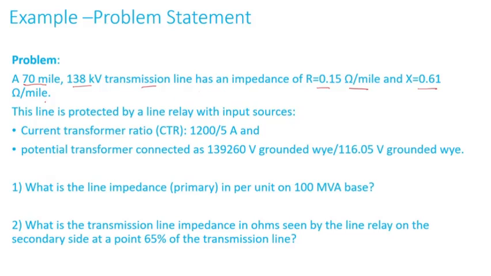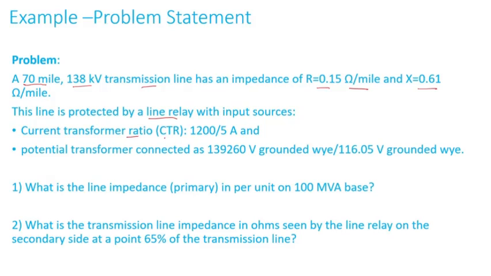ohms per mile. This line is protected by a line relay, which has input sources as follows. So you have current transformers with a ratio.